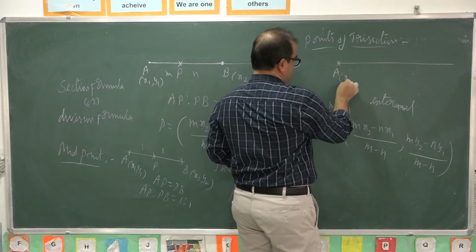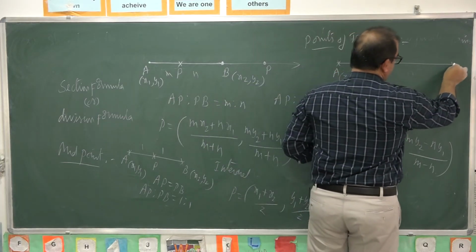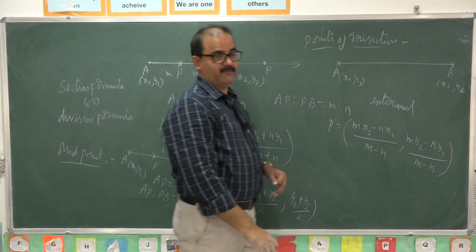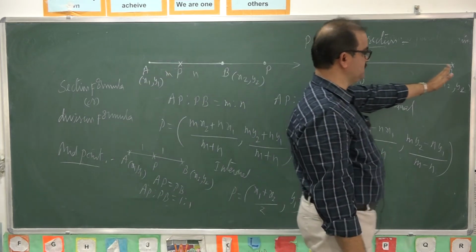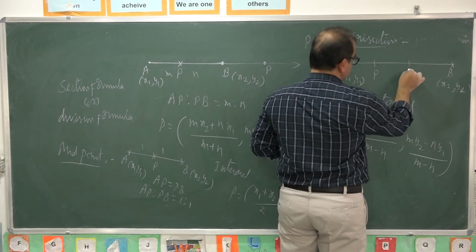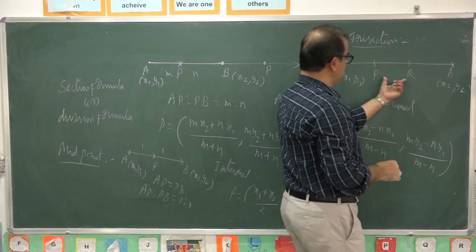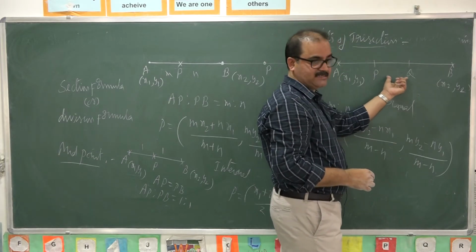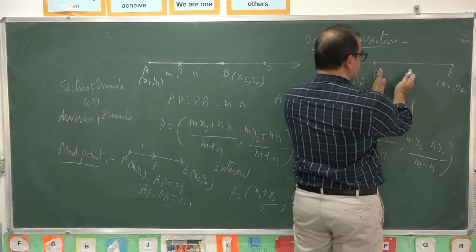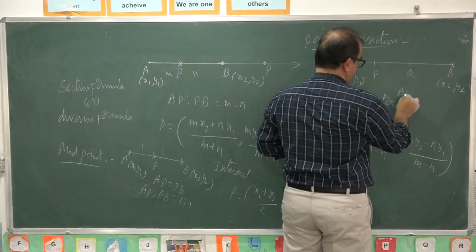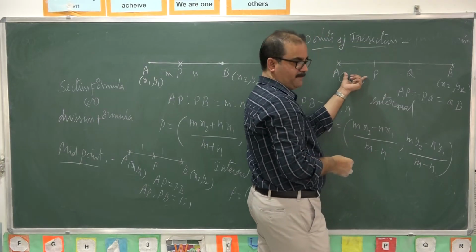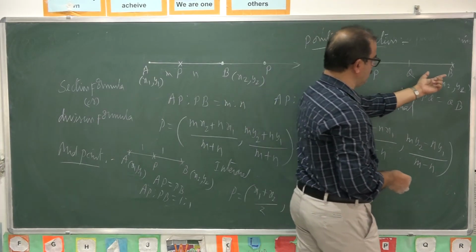Let A (x1, y1) and B (x2, y2) be the given points. This is the line segment joining A and B. Now these 2 points P and Q are said to be points of trisection if AP is equal to PQ is equal to QB.